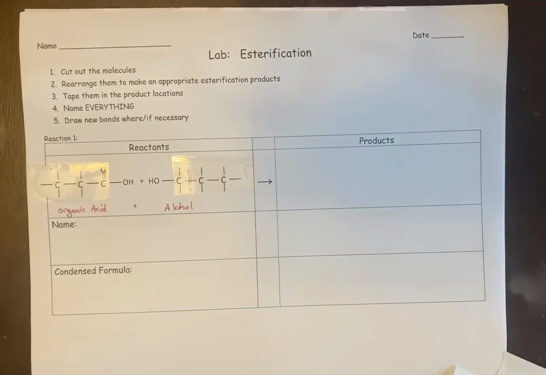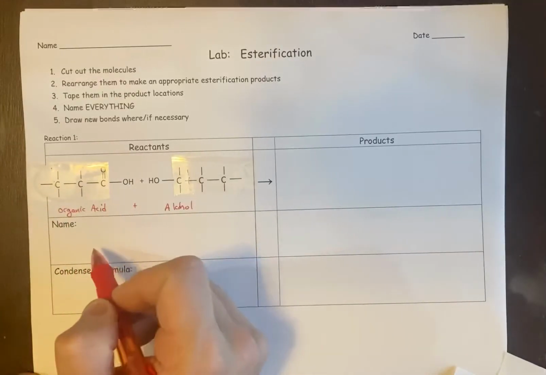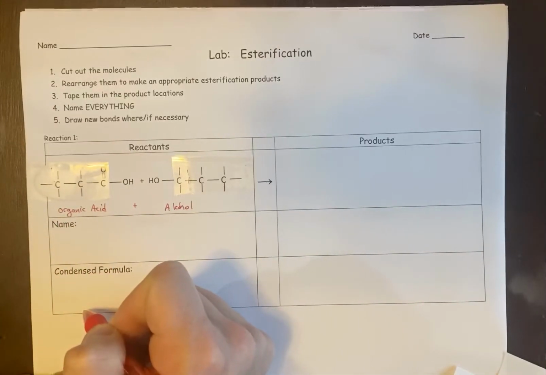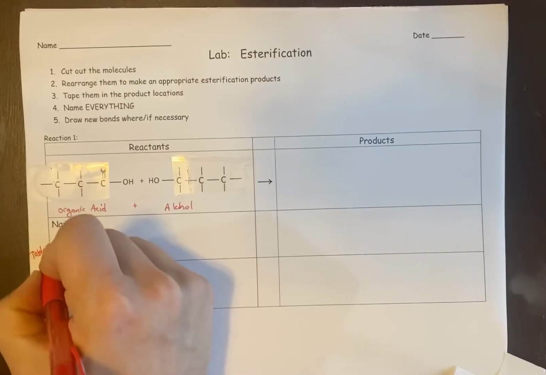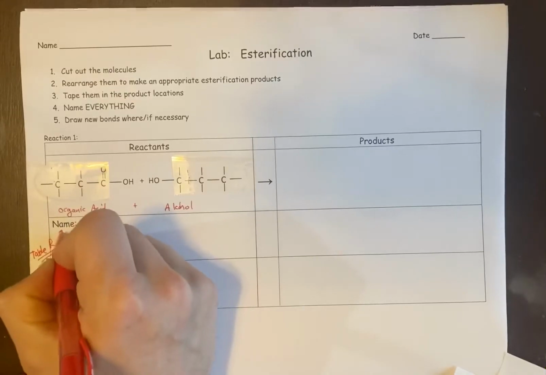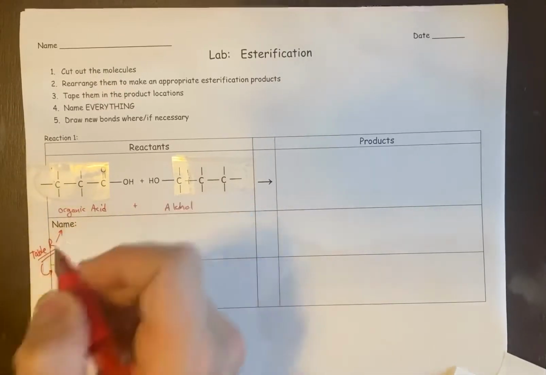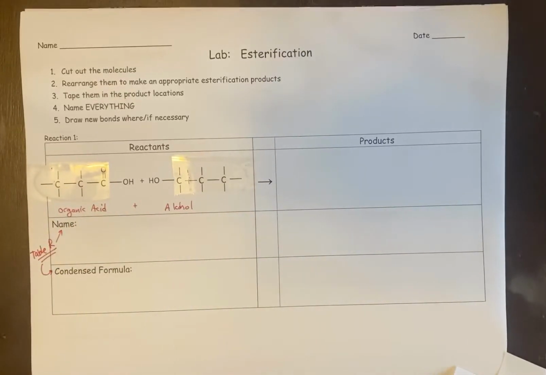You're going to do the name and the formula. Where are you going to figure it out? You're going to go to table R for the name, and table R for the condensed formula.